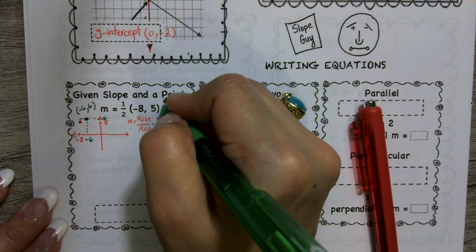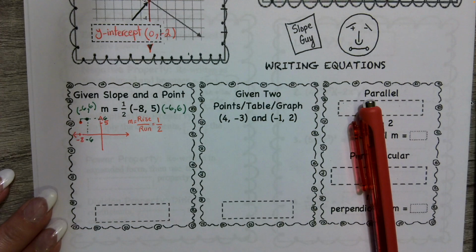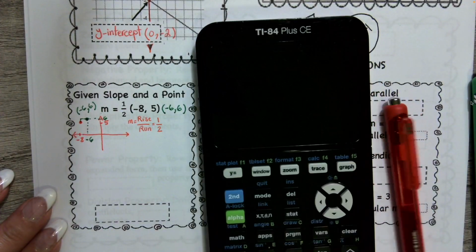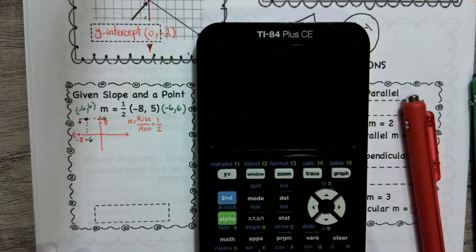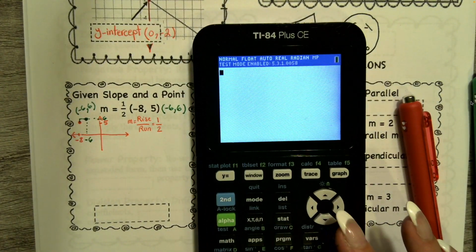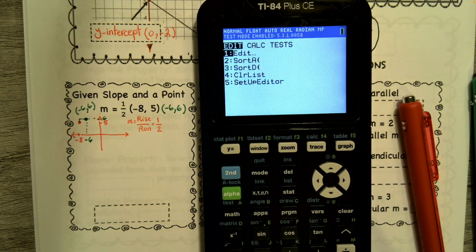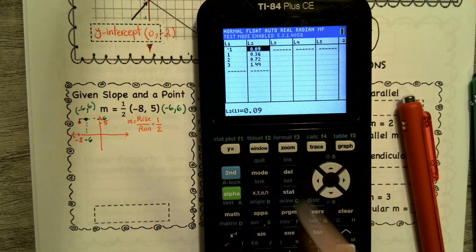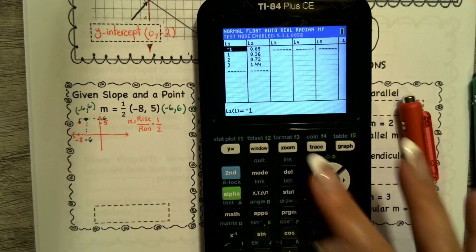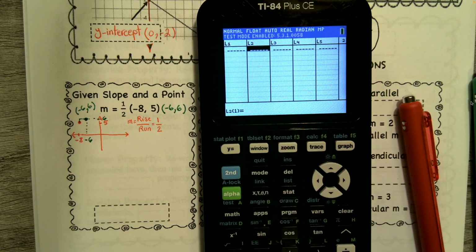Now, I have 2 points, so I can use my calculator to find my equation. How? I'm going to go ahead and clear this. I'll do stat, edit, remember, to be able to see my table. Let's clear this table. Delete, delete, delete. This one, delete, delete, delete.